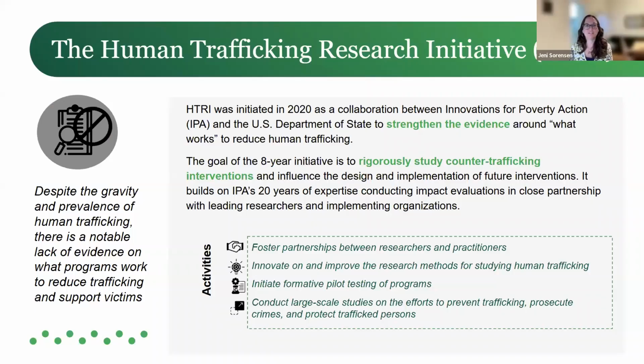I've mentioned this initiative for a while. Again, if you aren't familiar with us, we started as a collaboration with the Department of State's Office to Monitor and Combat Trafficking in Persons, which is JTIP, and their program to end modern slavery, which is called PEMS. This started as an acknowledgement that there was a lot of research that had been done on human trafficking over the past 20 or so years, and many, many programs to try to combat trafficking in persons, but there hadn't been a lot of rigorous quantitative experimental studies to look at the actual effect and impact of the programs.